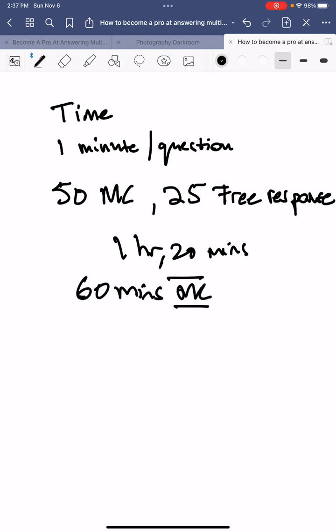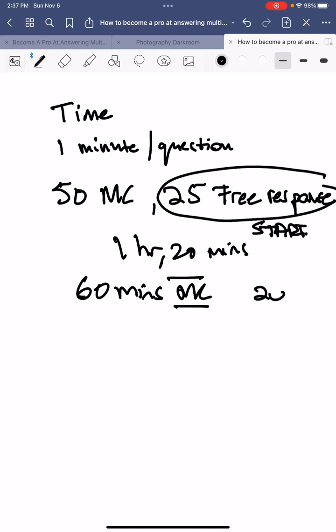But the best strategy I've noticed for many students, in fact, is to start with a free response. Start there, spend your 20 to 25 minutes there, and if you are not done, then pause there and go to the multiple choice questions and then do them. And you can much faster read through a multiple choice question than you can construct a free response answer. So in the end, you may do better by just the simple strategy of starting with a free response.